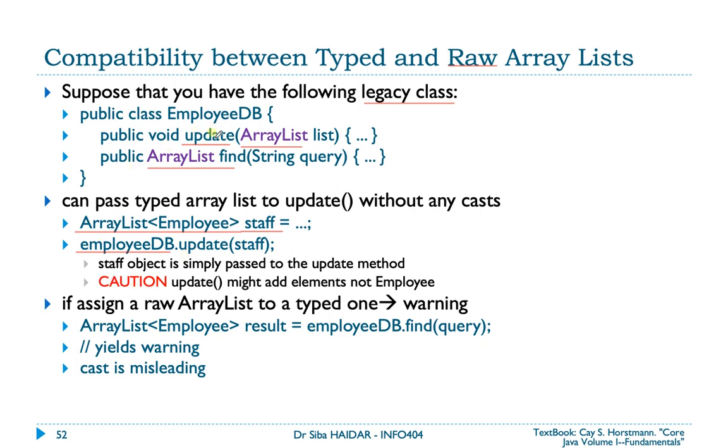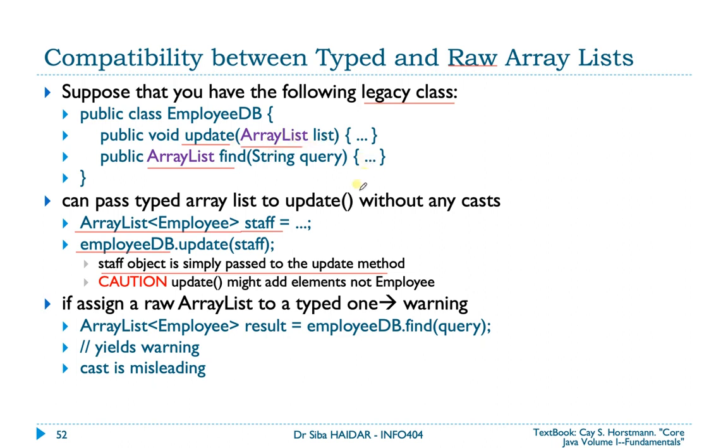So the method update expects any array list, and you are passing a special array list of employee. So staff object is simply passed to the update method, but maybe the update method, if you don't trust her, if you don't know exactly what it does, the compiler will let her add elements that are not necessarily employees to your staff, because it will consider it a raw array list.